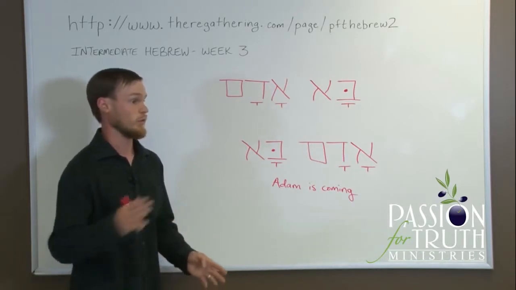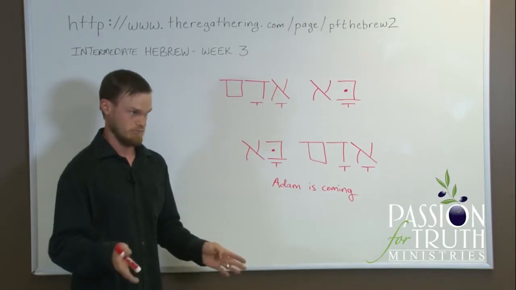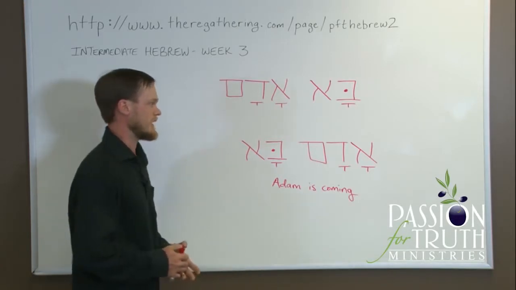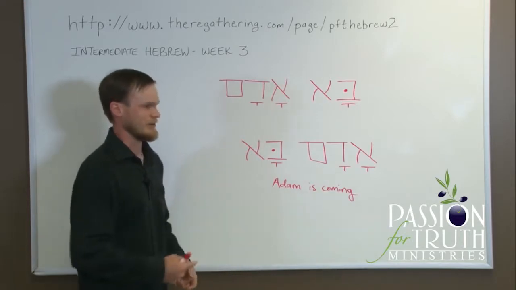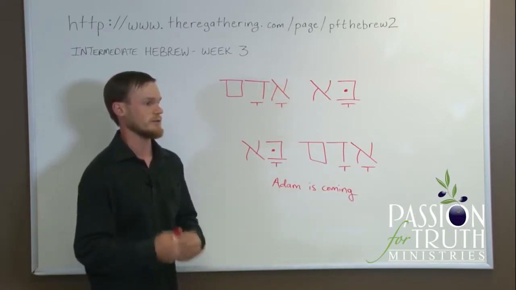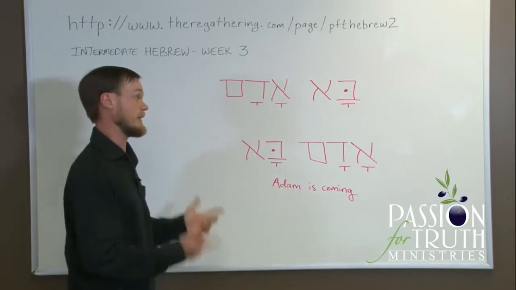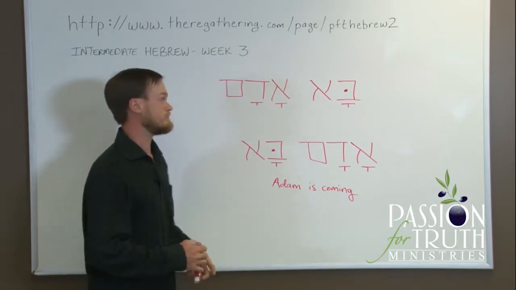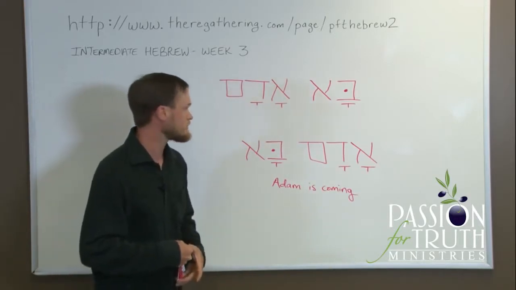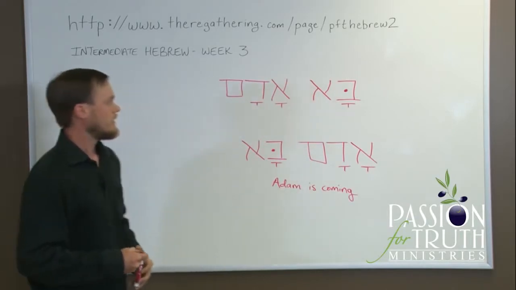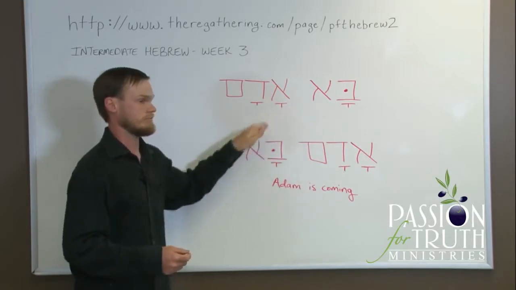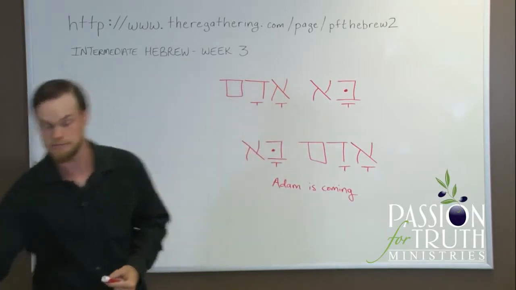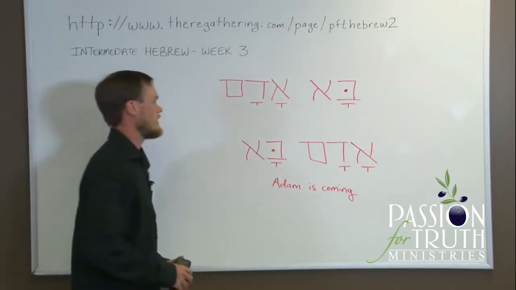But Hebrew doesn't rely on word order to convey the syntactical meanings, such as which one's the subject and which one's the object. In Hebrew, there's another indicator other than word order that tells you what the subject of a sentence is and what the object is. We'll get to that later when we start making more complicated sentences. But for now, do know that you'll see both of these forms, and they're both correct.